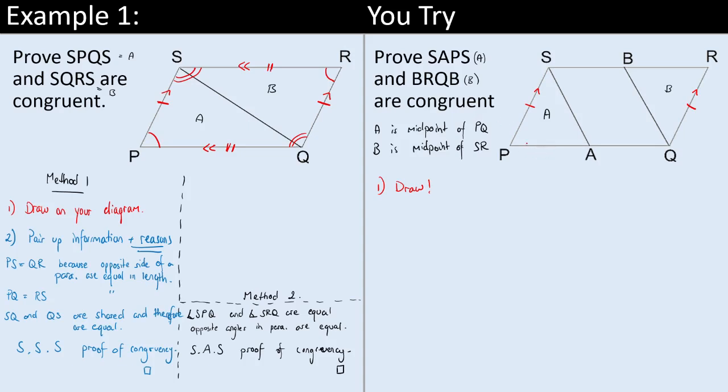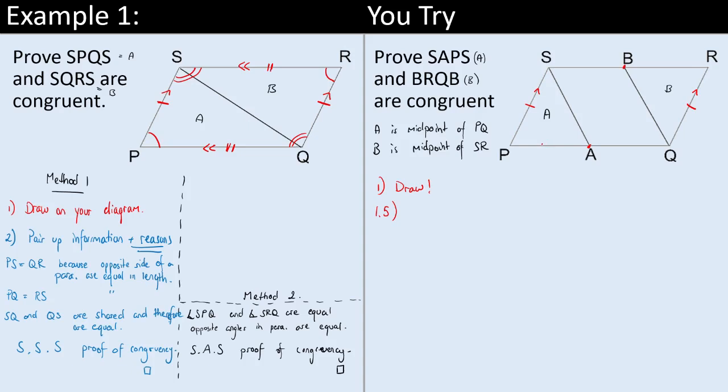What else do we have? We have that PQ and SR are going to be parallel and equal in length as well. Now, I can narrow this down further. Because we've got these two points here, which are the midpoints, I can narrow this down slightly further.